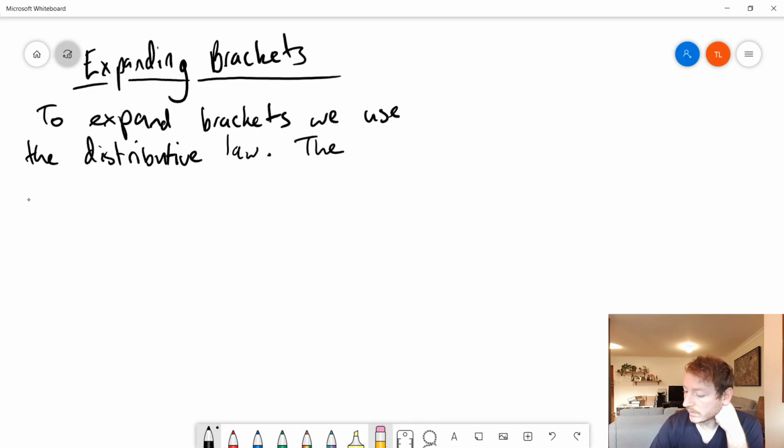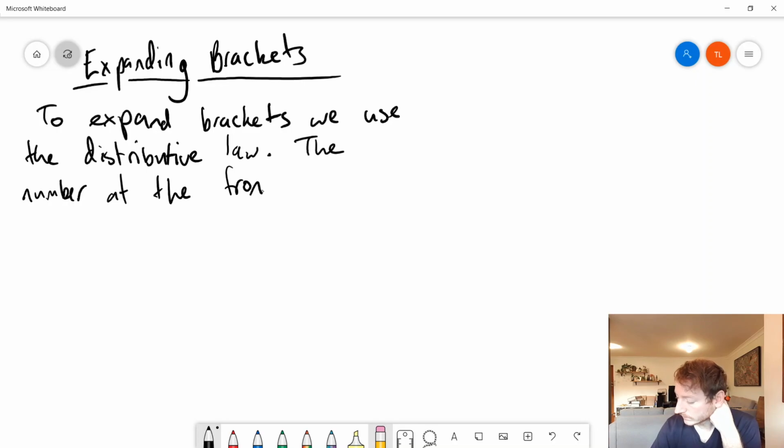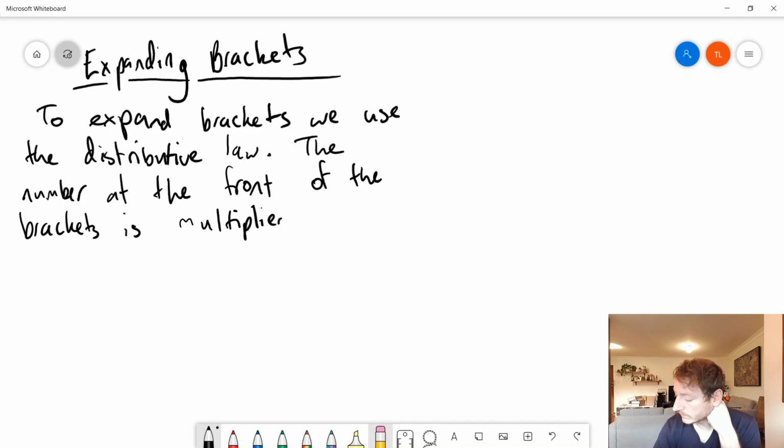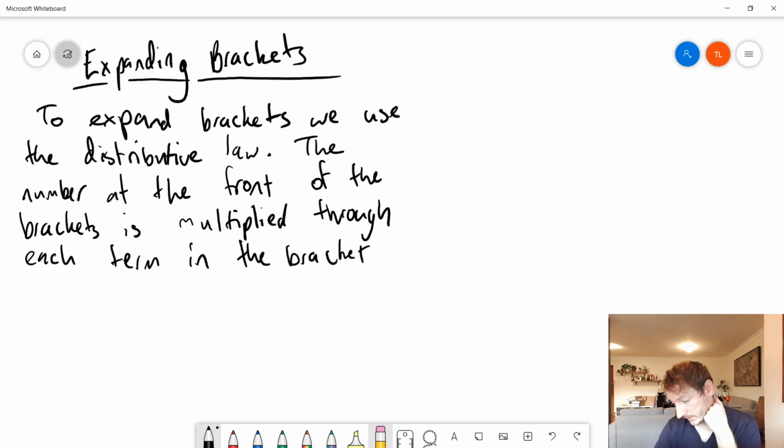The number out the front, or the number at the front of the brackets is multiplied through each term in the brackets, and only in the brackets.